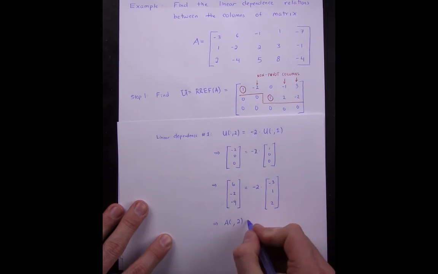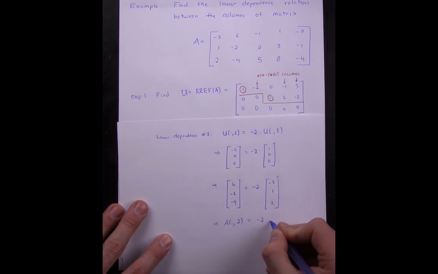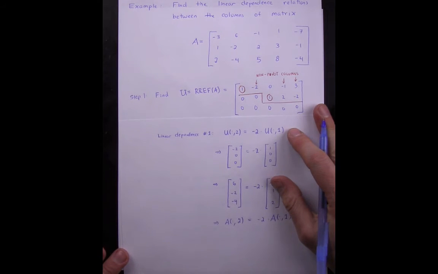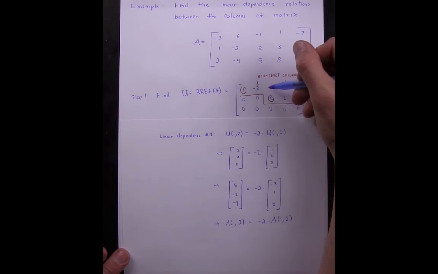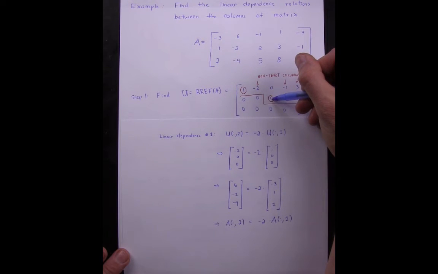The second column of A is -2 times the first column of A. Okay. That took care of this one. We go down to the next stair step. This is linearly independent because it's our pivot.